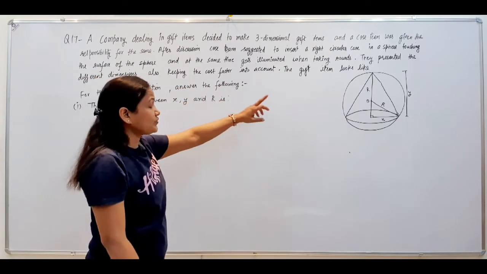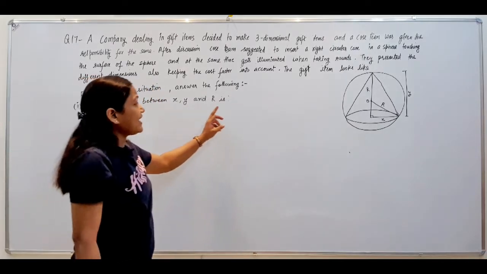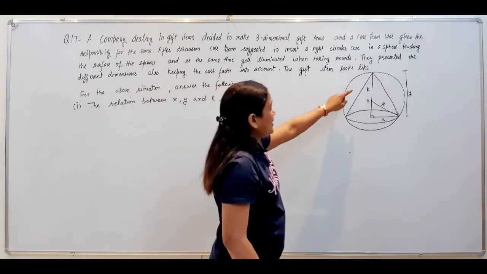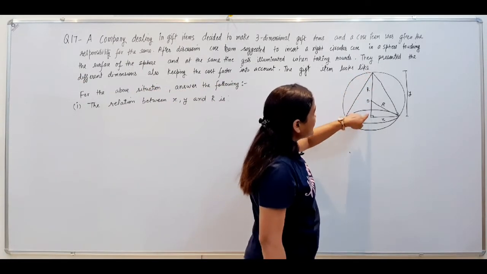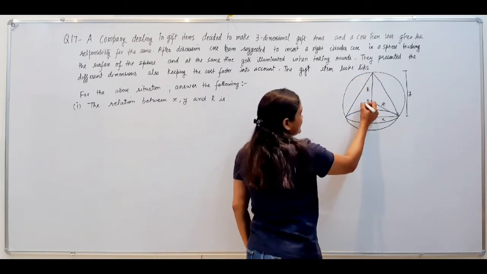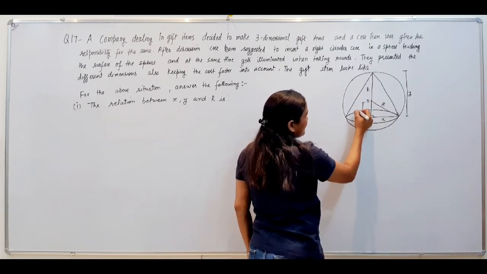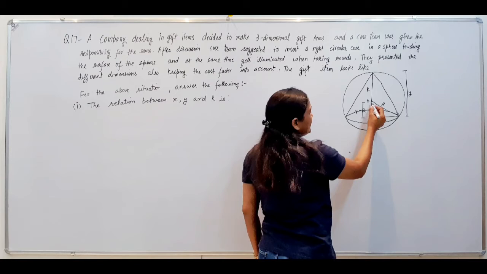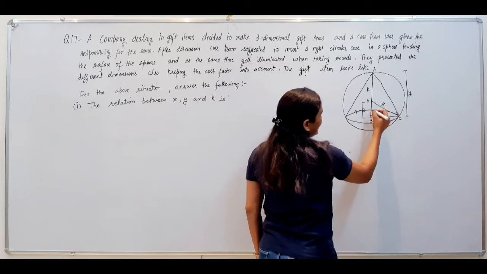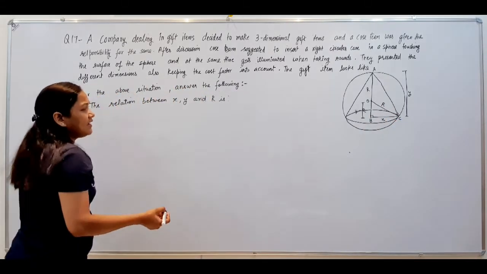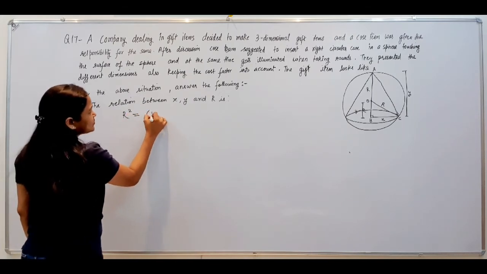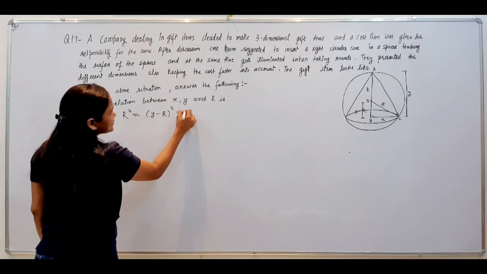Now your first question on this situation is: what is the relation between x, y and capital R? You know that this is a right circular cone, so this is y and this much is the radius of the sphere R. So here this much distance is y minus R. Now in triangle OBC, you can apply the Pythagoras theorem, and you will get R square is equal to (y minus R) square plus x square.